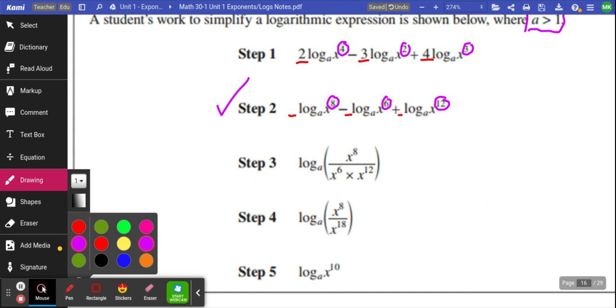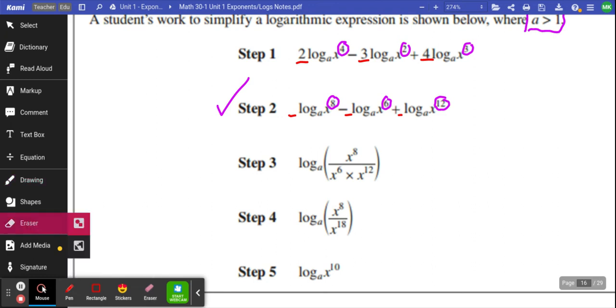Now, from step 2 to step 3, try to identify what they've done and if that's okay. Looking from step 2 to step 3, they combined everything to become a log. Right? They've got one log now. Did they do that properly? No, they did not do that properly. The reason they did not do that properly is because of where they put their x to the power of 12.